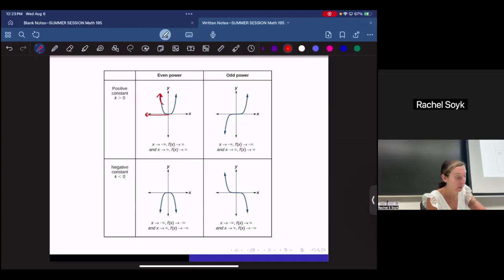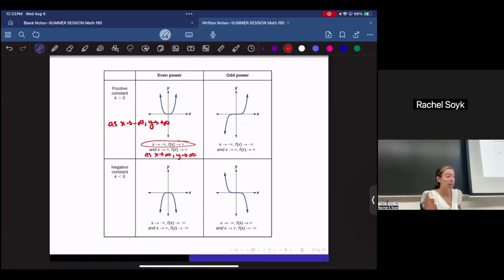They're approaching positive infinity. And so that's where you get this first part here, right? As x goes to negative infinity, our y shoots to positive infinity. And then if you look on the right-hand side, as x goes to positive infinity, y also continues to shoot to positive infinity, which is that second part. As x goes to positive infinity, y also goes to positive infinity.